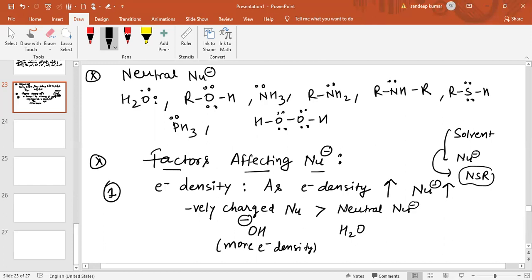So OH minus has more electron density than water. Therefore, we can say negatively charged nucleophile is a stronger nucleophile as compared to neutral nucleophile. So first point, OH minus is a stronger nucleophile as compared to water.